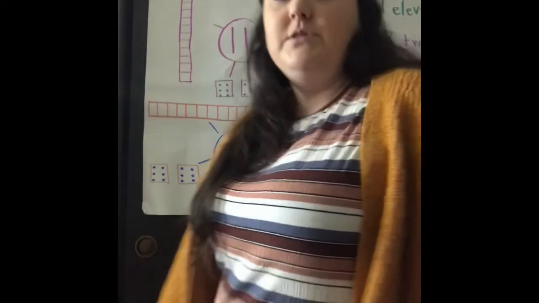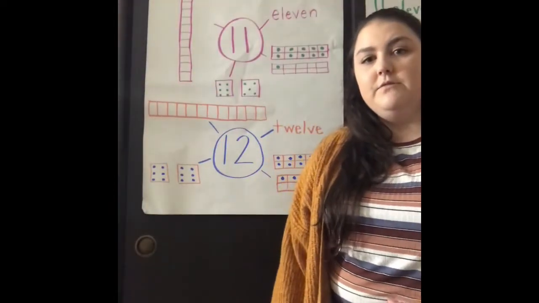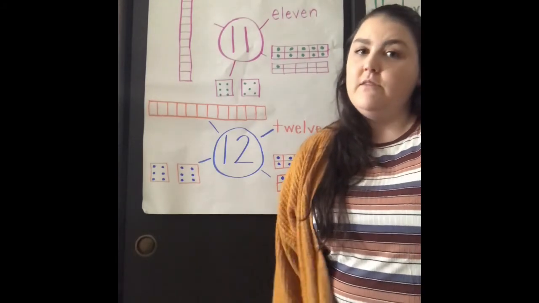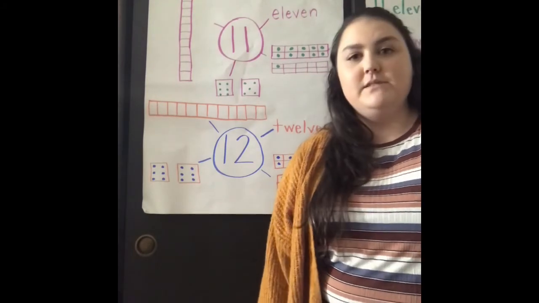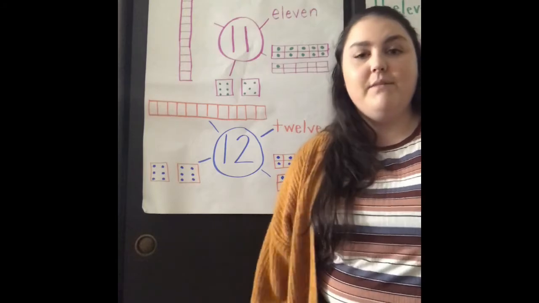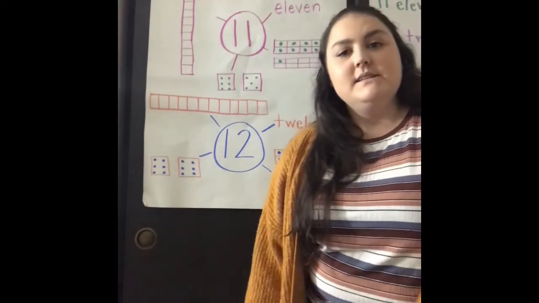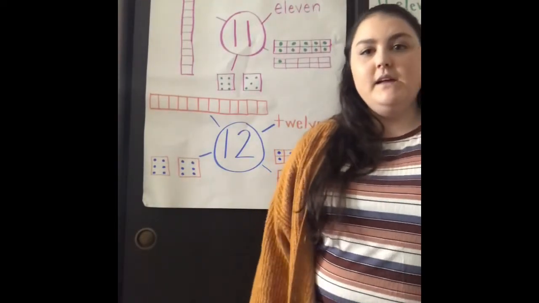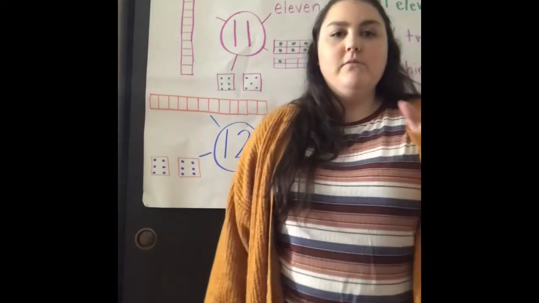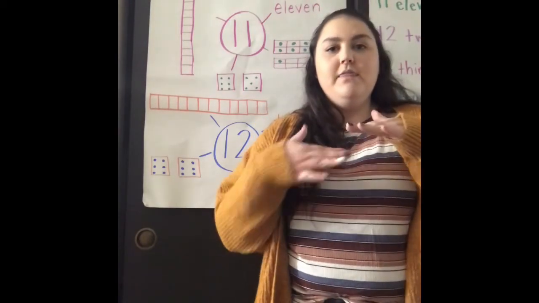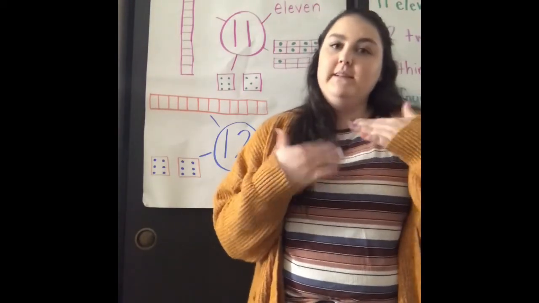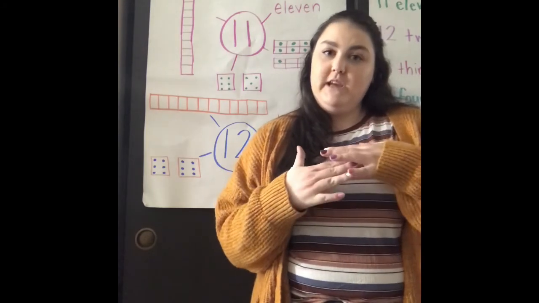Can you think of any other ways to make the numbers 11 and 12? If you do, then you can write them down on a piece of paper, or you can count them out with objects. You can access the homework for today in the weekly homework folder that is right on top of the weekly lessons folder where you found this video.